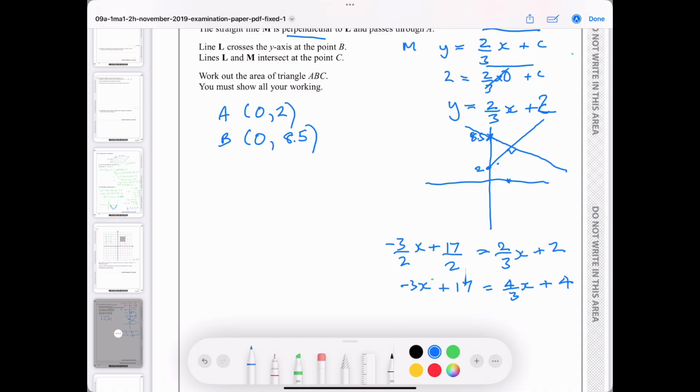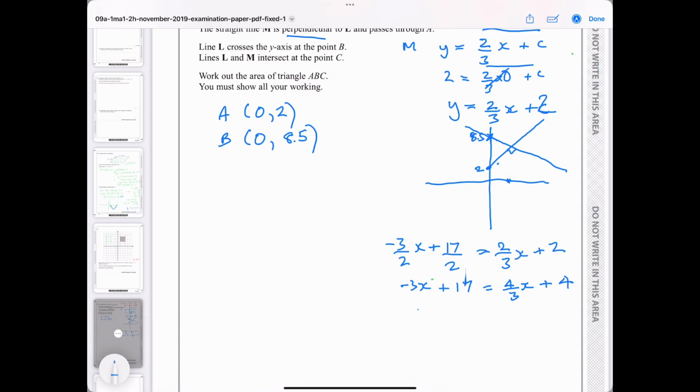Times out by 3, and you get minus 9x plus 51 equals 4x plus 12. Add 9x onto both sides, so you get 13x, and then take off 12 from both sides, you get 39 equals 13x. So x equals 3.